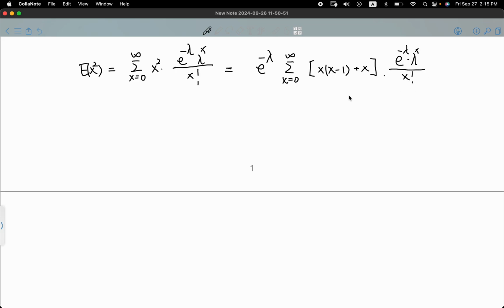x factorial. Okay. And then the summation here is a linear operation as well, so let's distribute the summation.